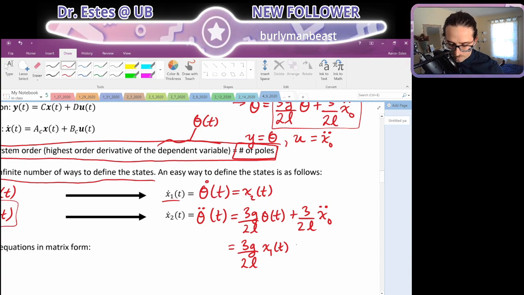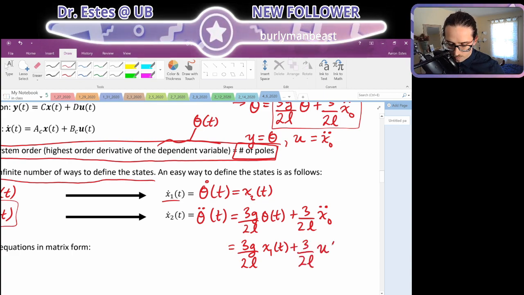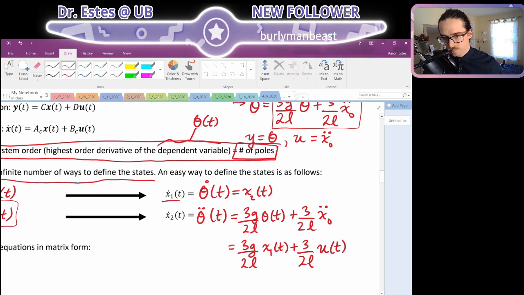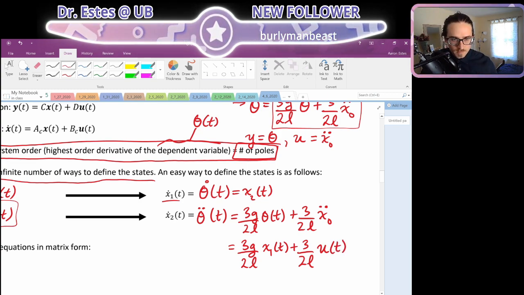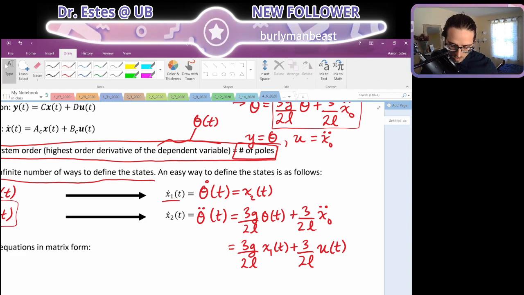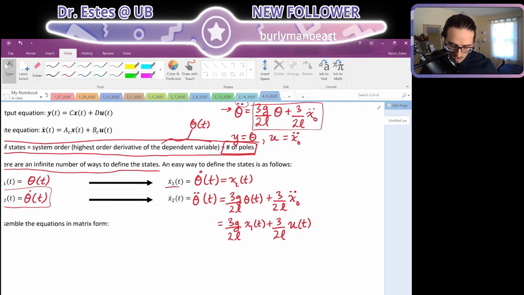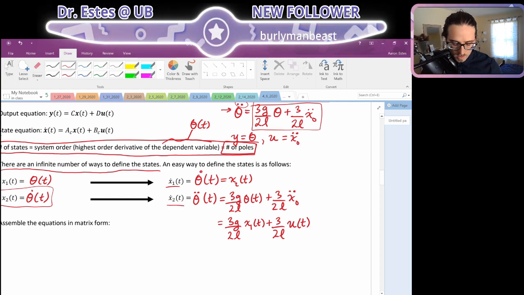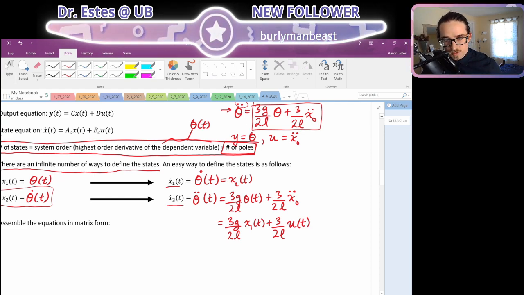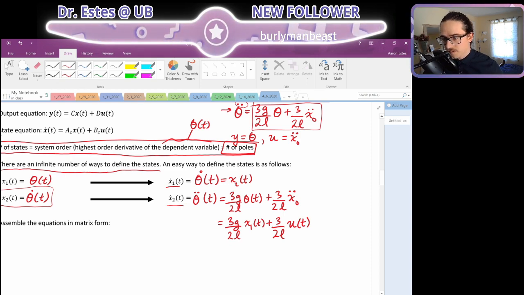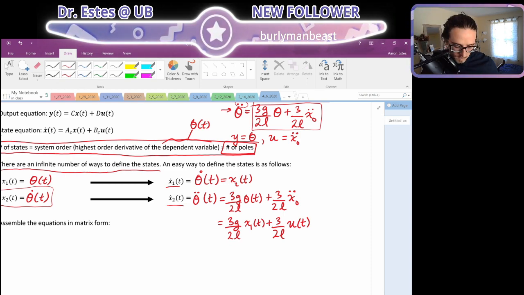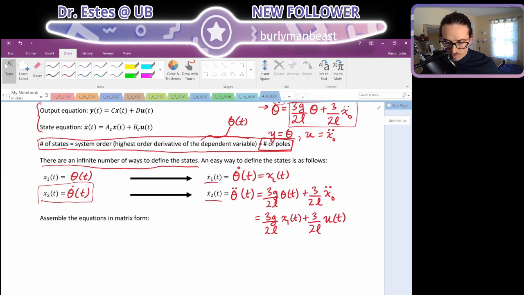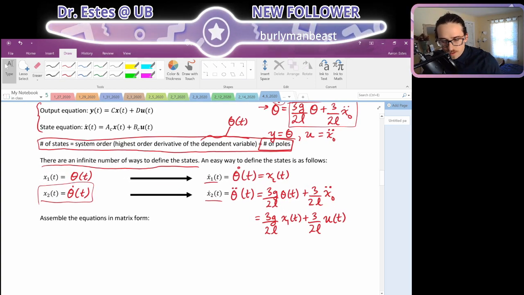That's how we defined it. And x double dot, we defined that to be our input. So now I have two first order state equations in terms of the states themselves and the input. If you've taken MAE 340, you've done this a lot.